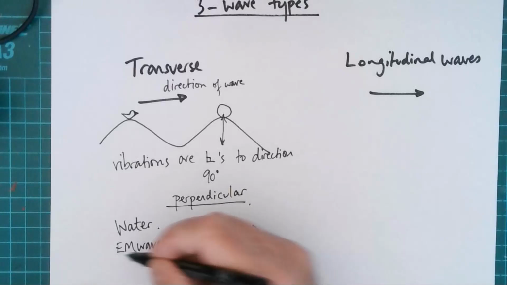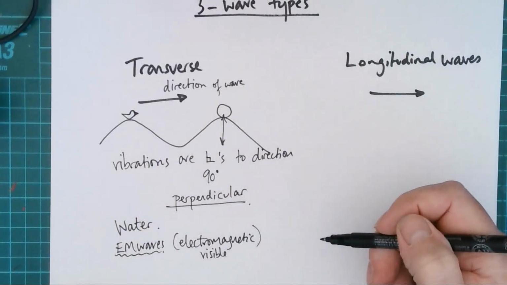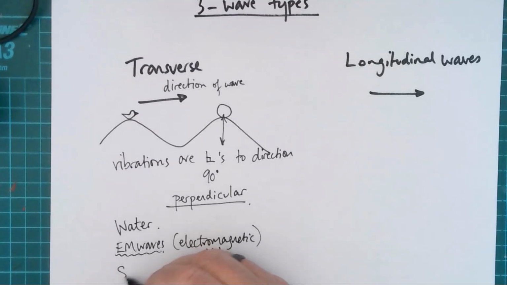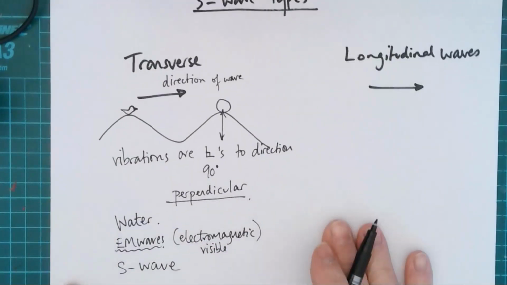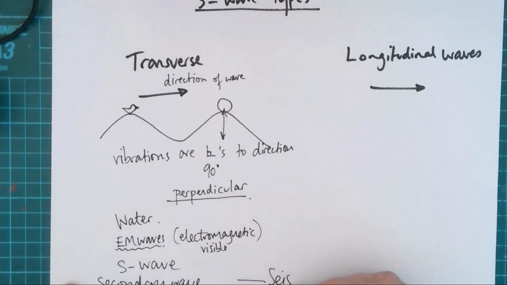Electromagnetic waves are really important, and they are all transverse. Another example is an S wave. An S wave, the S stands for secondary, and it is a type of seismic wave or earthquake.